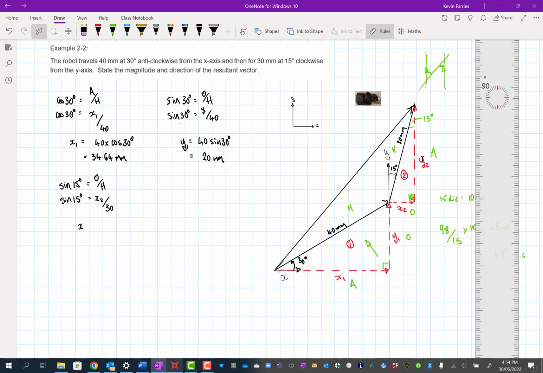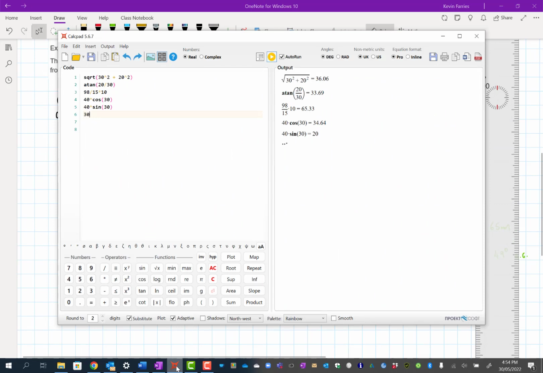So therefore x2 is equal to 30 sine 15, which is 30 times sine 15 degrees, and we're on degrees, 7.76.